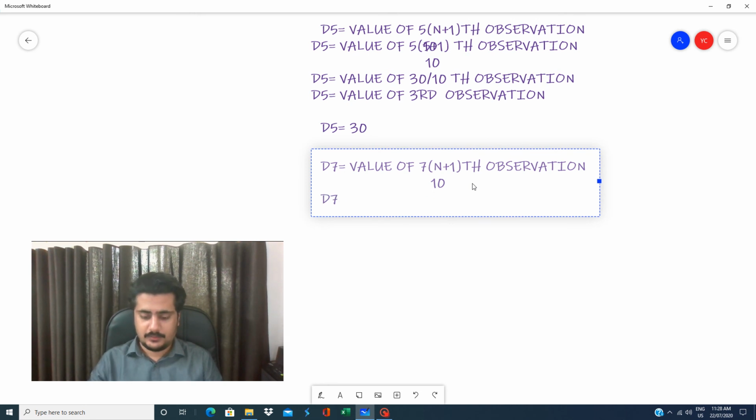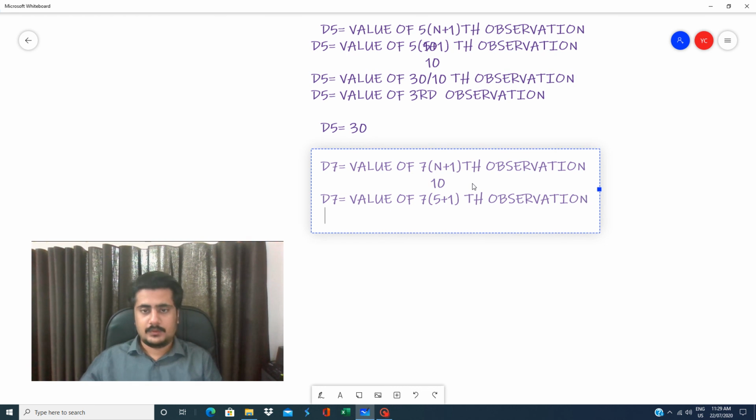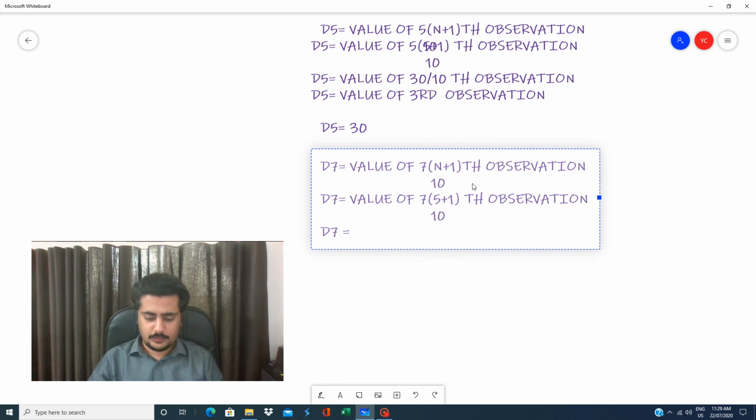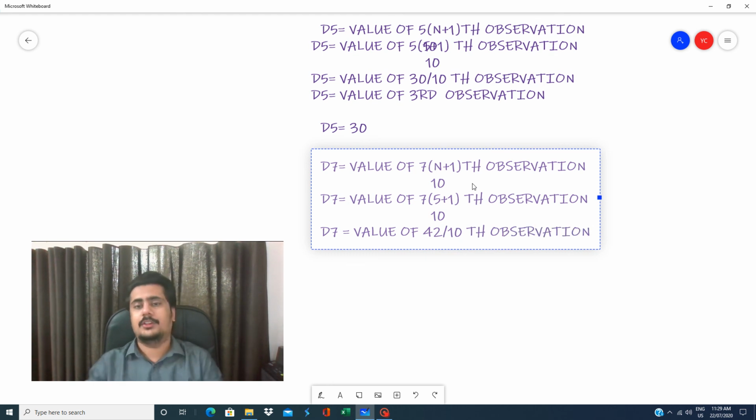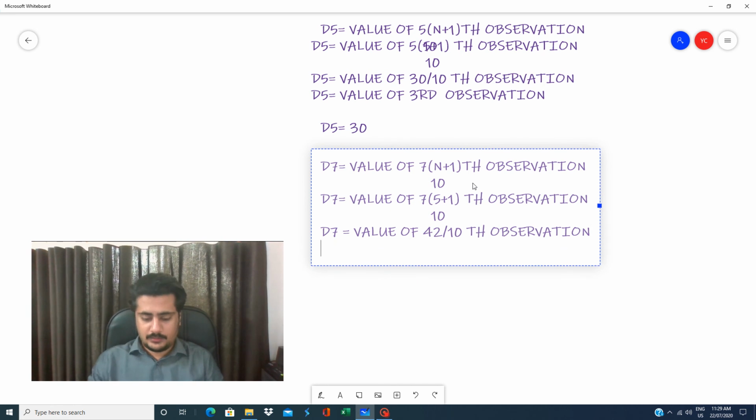So D7 is equal to value of 7 into, now what is n here? Obviously n is 5, so 7 into 6, that is 42, upon 10th observation. So D7 will be the value of the 4.2th observation. So now this is your answer.